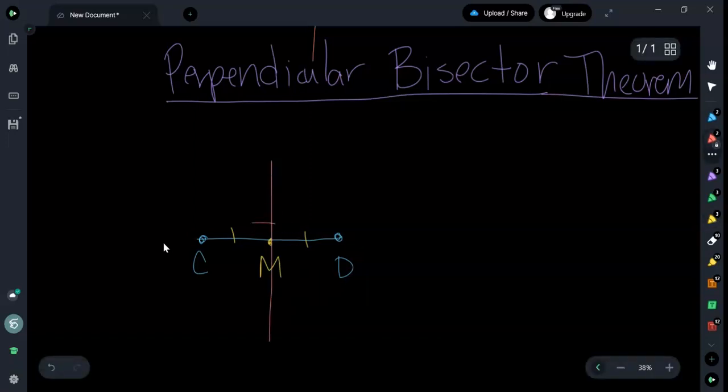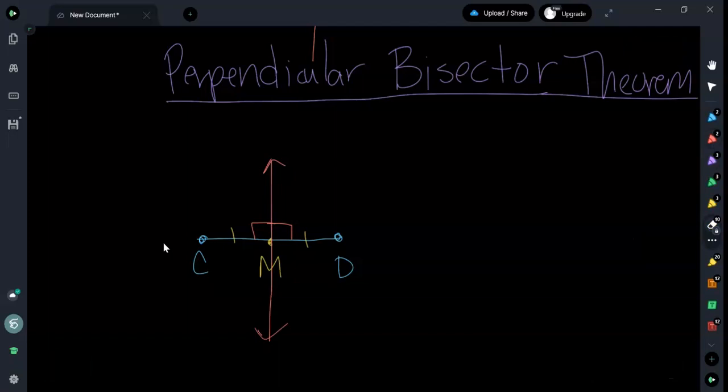This is going to pass straight through at a 90-degree angle. And I'm going to make this a line, and put little arrows on there to indicate that this is actually a line. The reason I'm doing that is because I want to establish the idea that it keeps going.